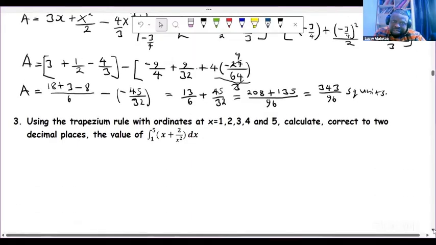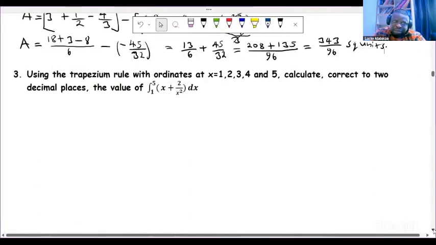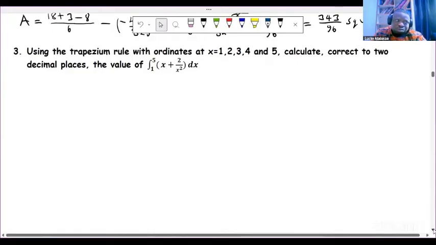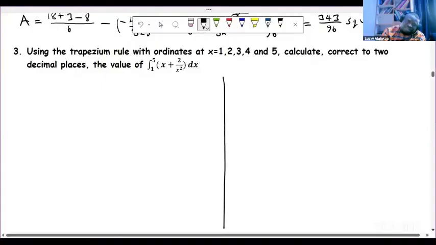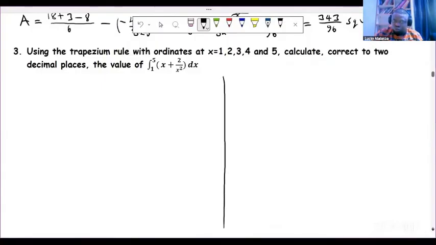So number 3 says we should use the trapezium rule. Using the trapezium rule with the ordinates at x equals 1, 2, 3, 4, 5, like that. What do we do?